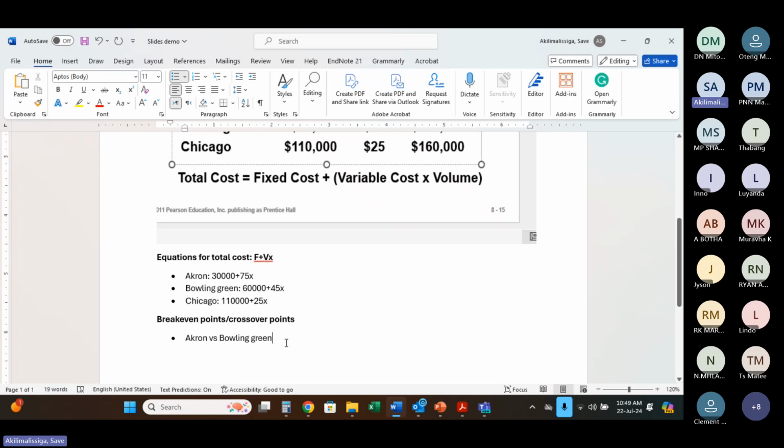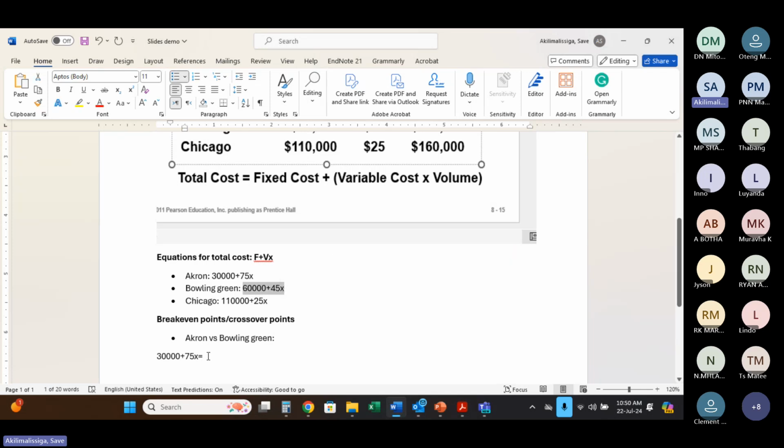So what is going to happen here? Let me use another line. We're basically going to use the equations. We're going to say the Akron equation is equal to the Bowling Green equation.